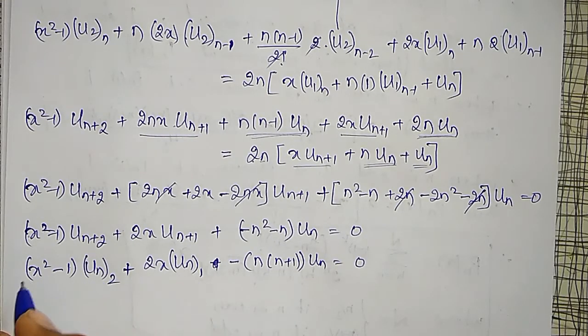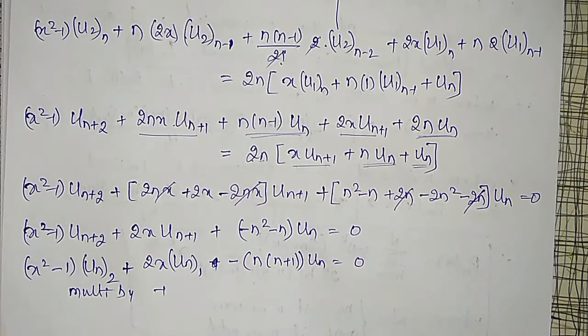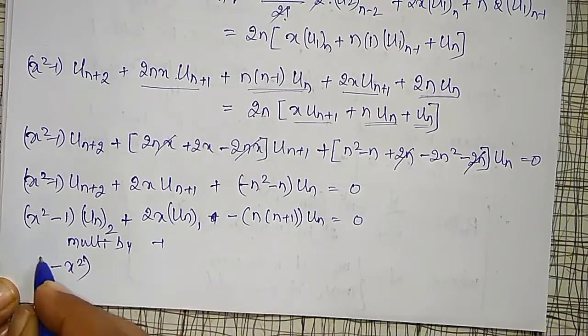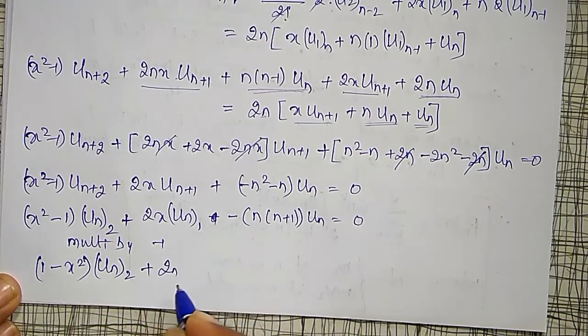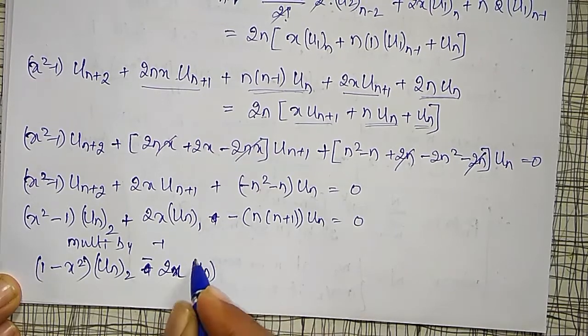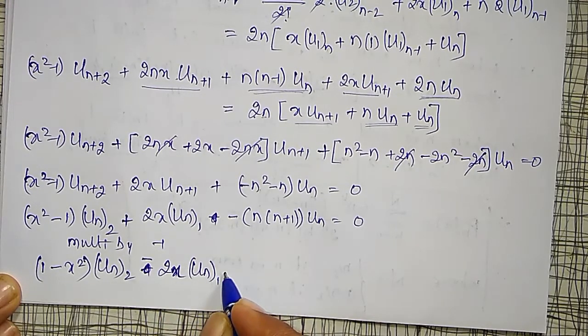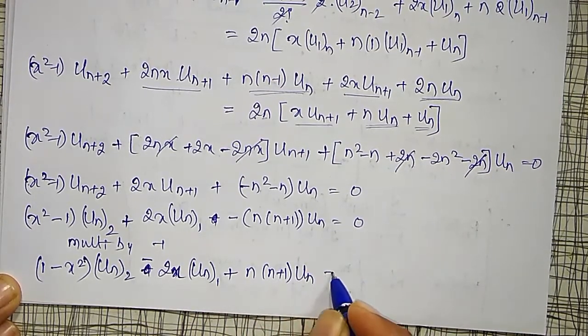From all the terms, if I take minus common, or multiplying through by minus on both sides, you will get 1 minus x square into un of 2, plus 2x, sorry, plus will become minus 2x into un of first derivative, minus of minus will become plus n into n plus 1 into un equal to 0.